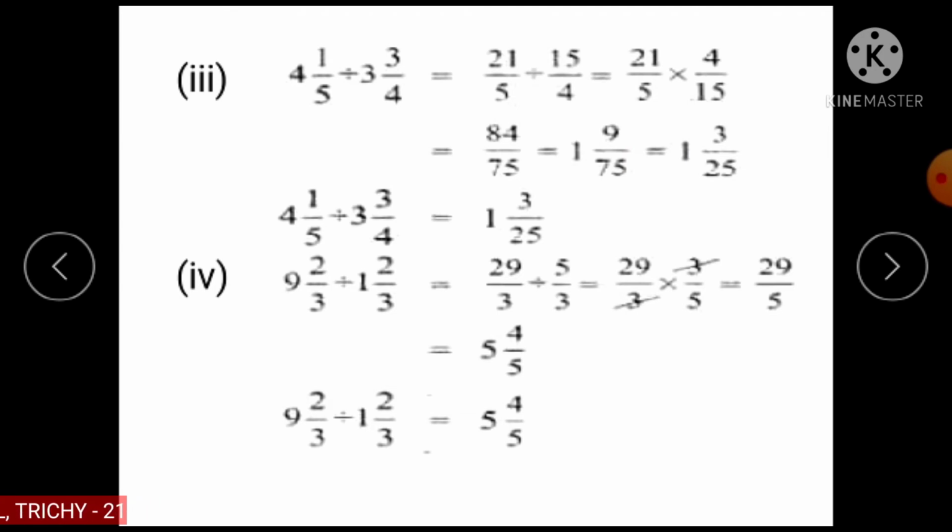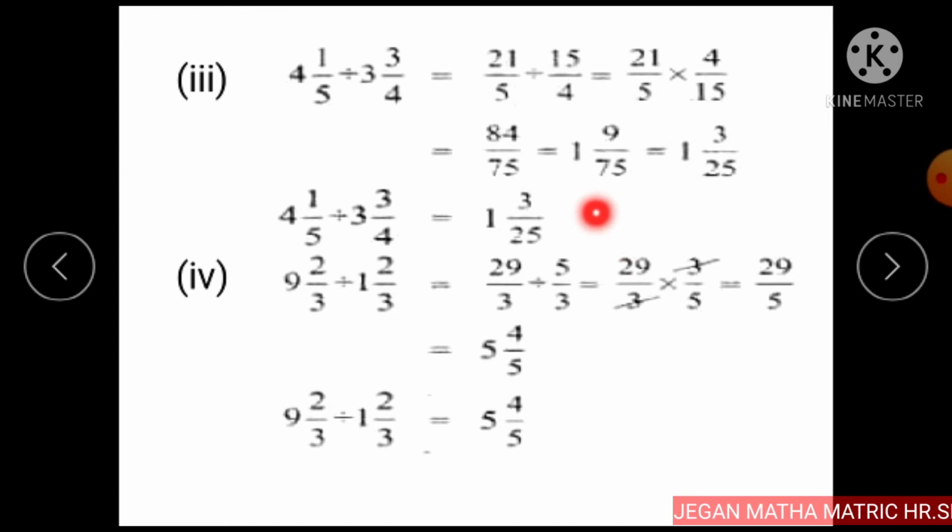Subdivision 4: 9 2 by 3 is divided by 1 2 by 3. First, mixed fraction is converted to improper fraction. 9 2 by 3 becomes 29 by 3 and 1 2 by 3 becomes 5 by 3. And we take the reciprocal of the second fraction.